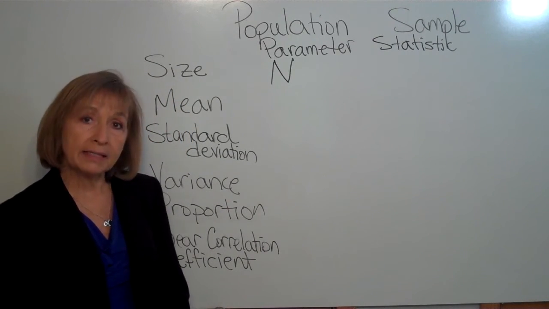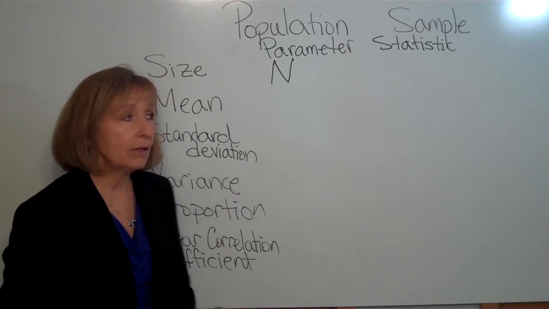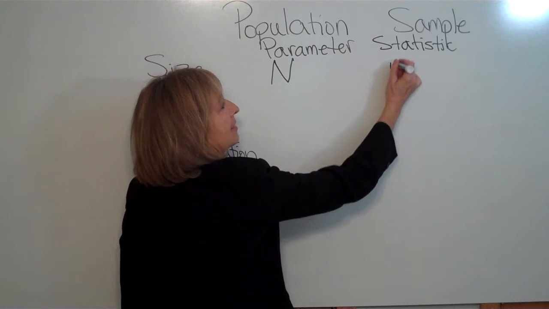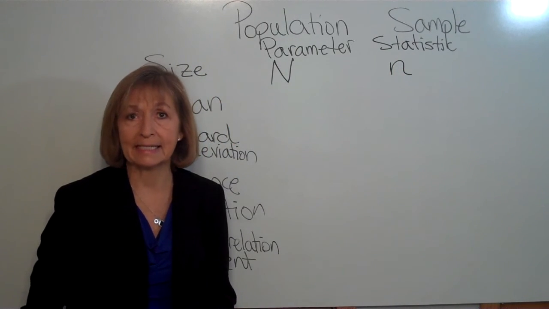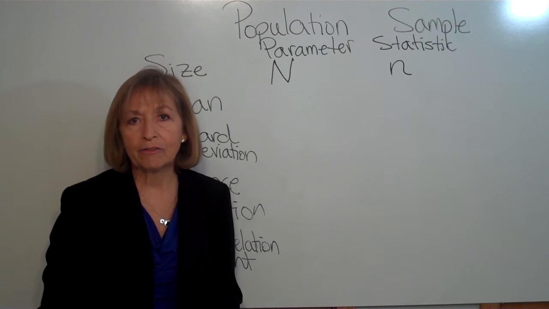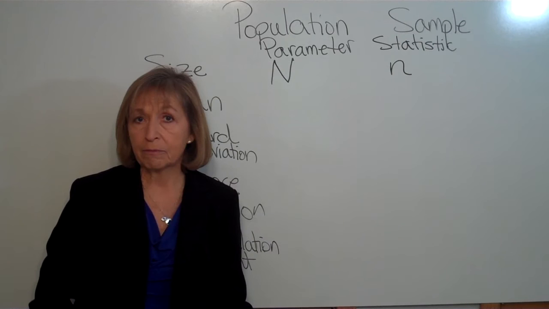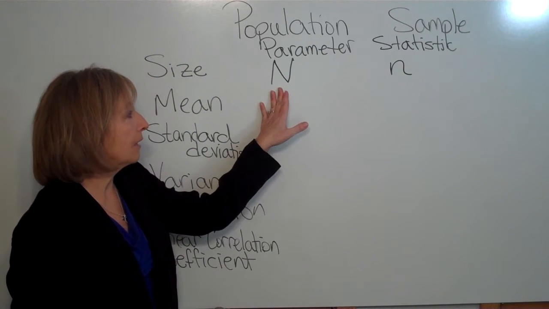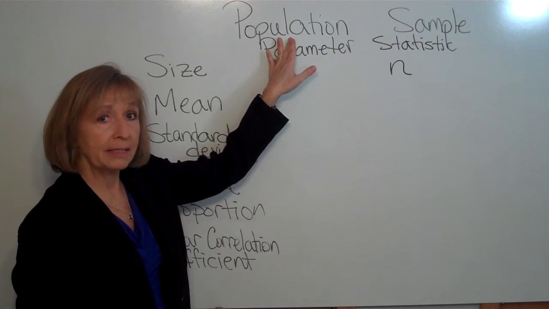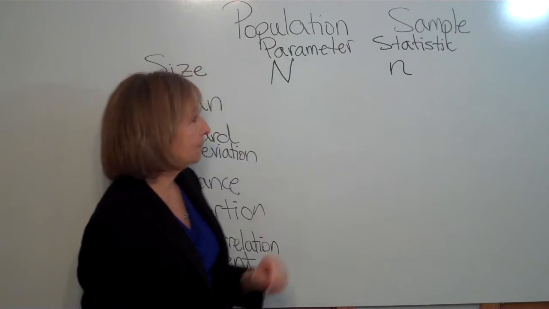And then if we want to say how many we had in our sample, then that is a small case n. So here's one of those first cases where instead of using a letter from the Greek alphabet for the parameter and a letter from the English alphabet for a statistic, they just used a capital N for the size of the population and a small case n for the size of the sample.